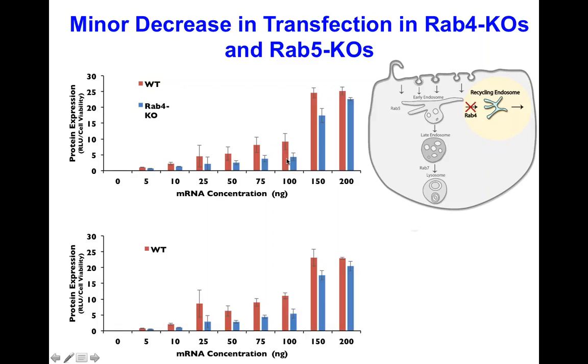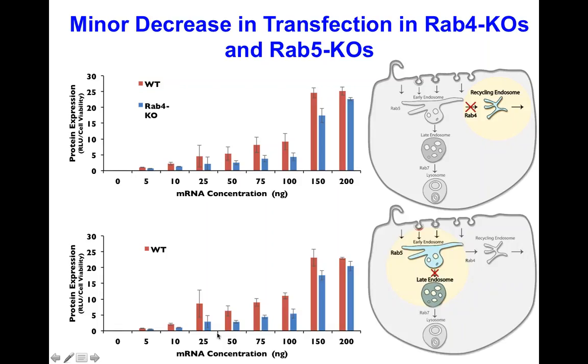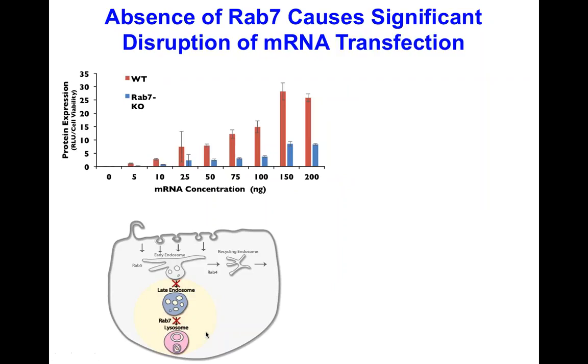And what you can see is a small decrease in activity in RAB4 knockout. In RAB5 knockout, which suggests that formation of an early endosome, we again see the red is the wild type, and the blue is the RAB5 knockout cells. And you see a little bit of a decrease, but not significant.